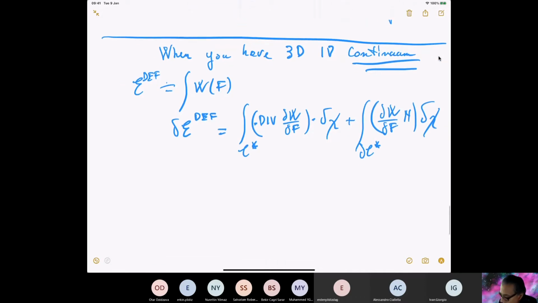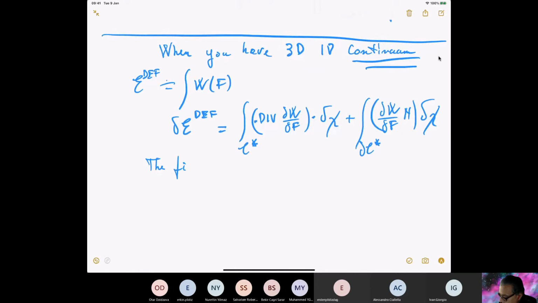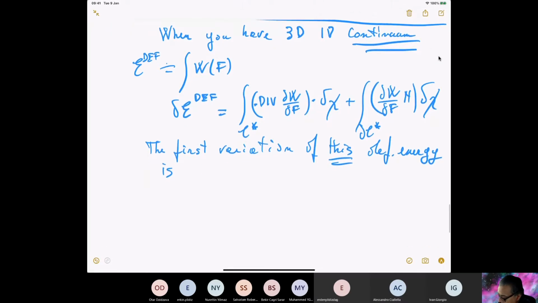So the first variation of this deformation energy is the sum of a volumic and surface terms.